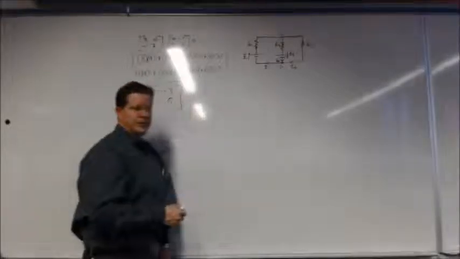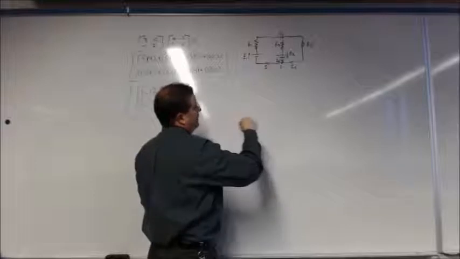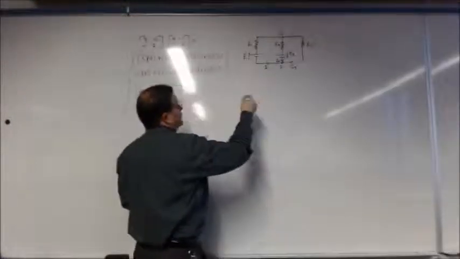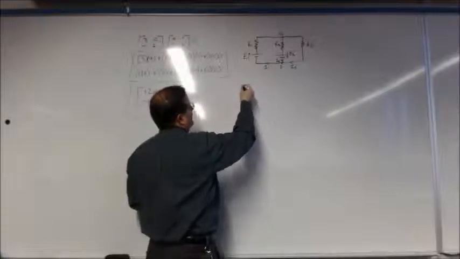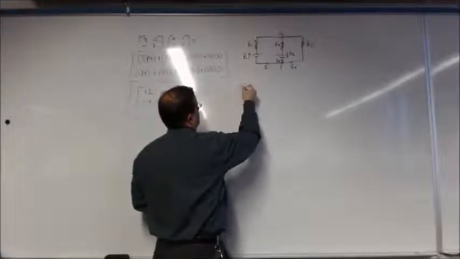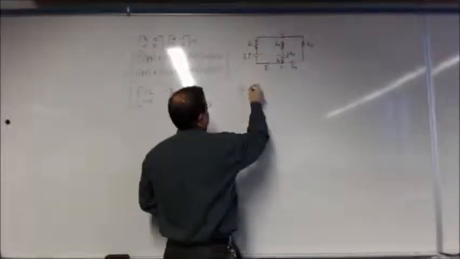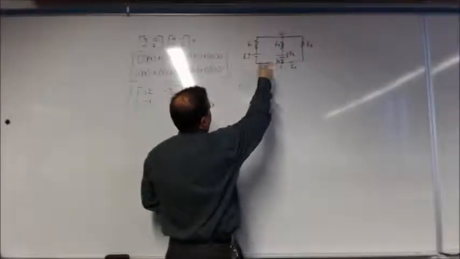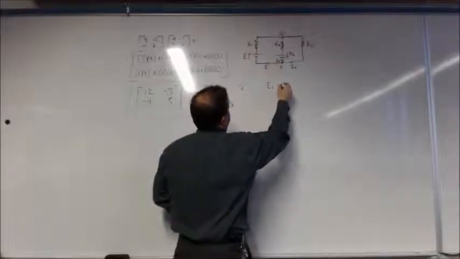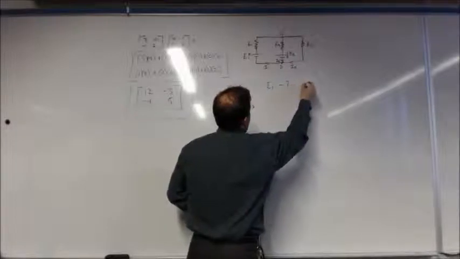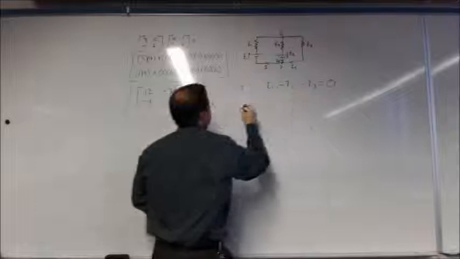Okay, so this one gets a little trickier, right? So we're using Kirchhoff's conservation of current and conservation of voltage. If we start with current and start with the nodes, at Q we've got I1 minus I2 minus I3 equals 0.